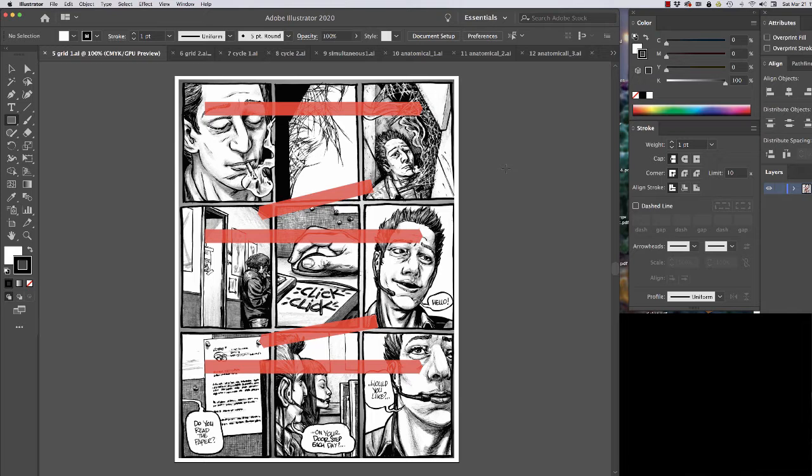Now, oftentimes, your steps in your sequential illustration will be arranged in a grid pattern so that you have both a left to right flow and a top to bottom flow.